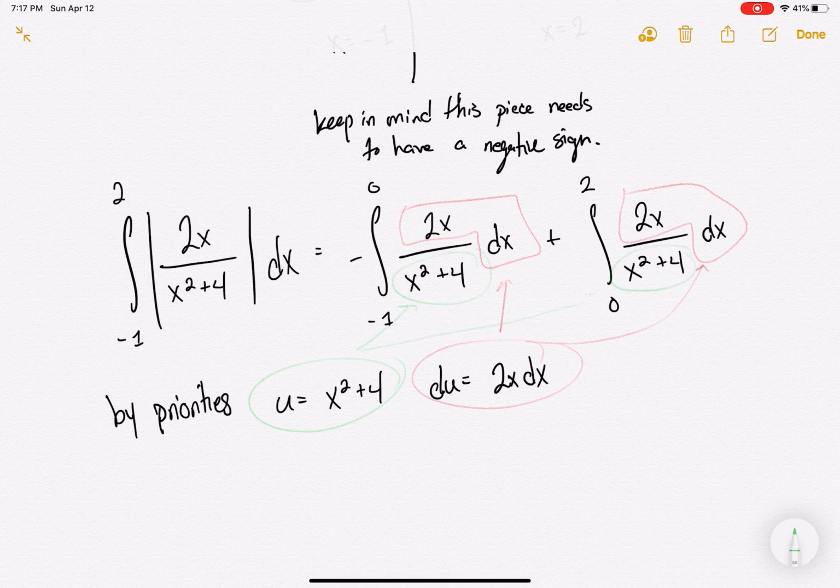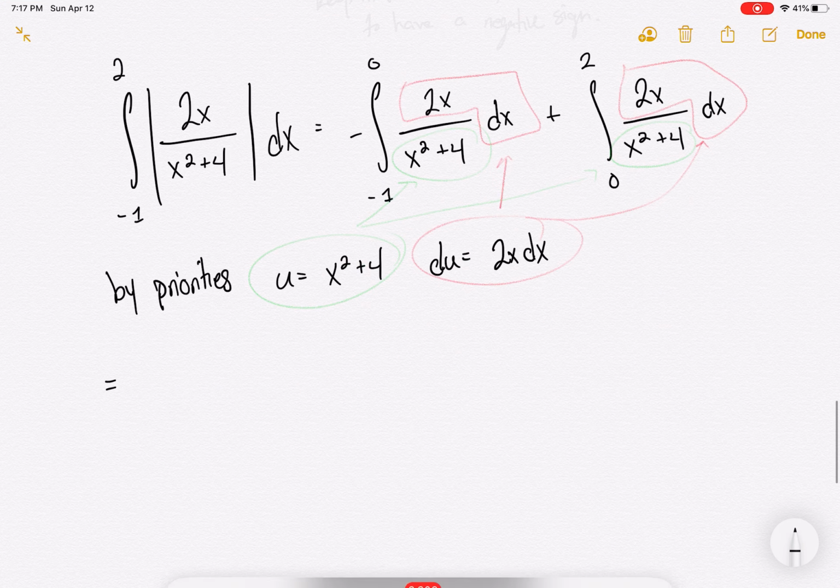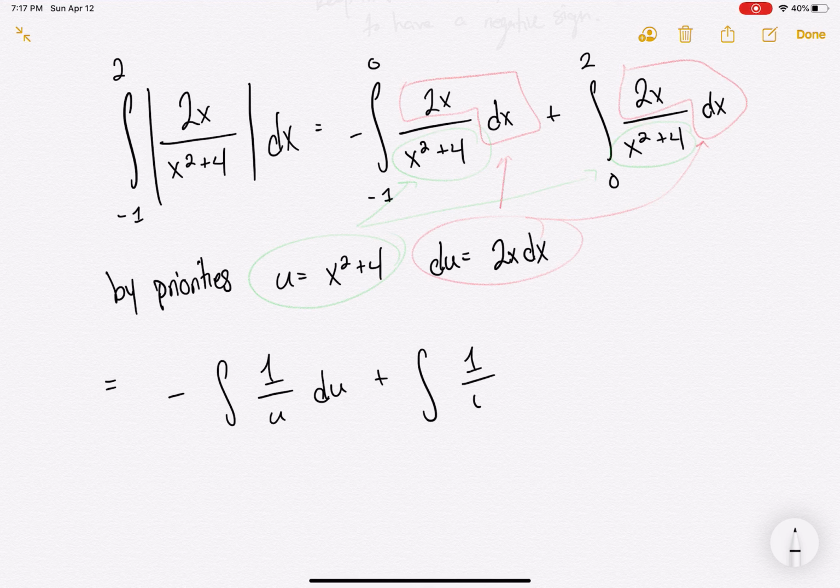Both of these problems turn into 1 over u du. So this is really negative natural log of u plus the positive natural log of u.